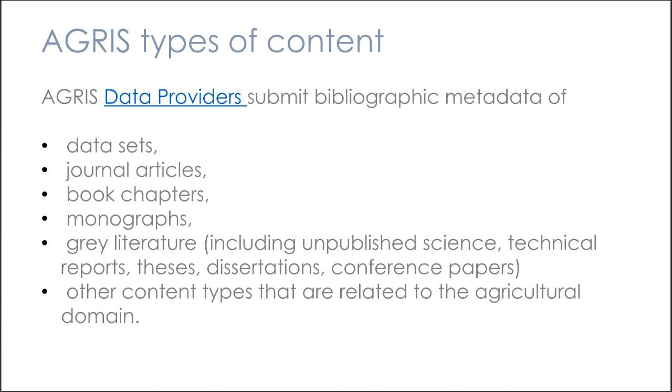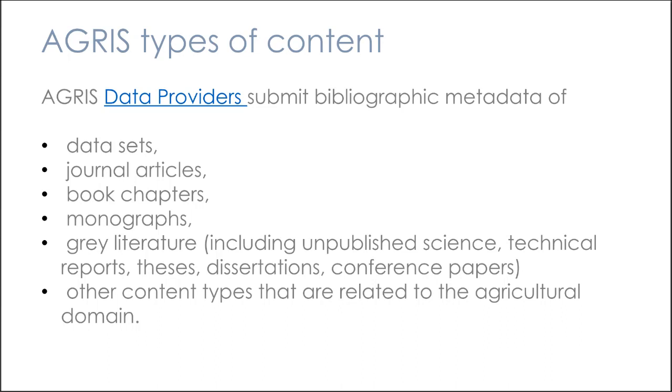That includes, for example, unpublished science, technical reports, theses, dissertations, conference papers. And this is one of the advantages of this portal, because we think that gray literature plays an important role in agricultural research, and AGRIS is one of the platforms that gives visibility also to these kinds of contents.